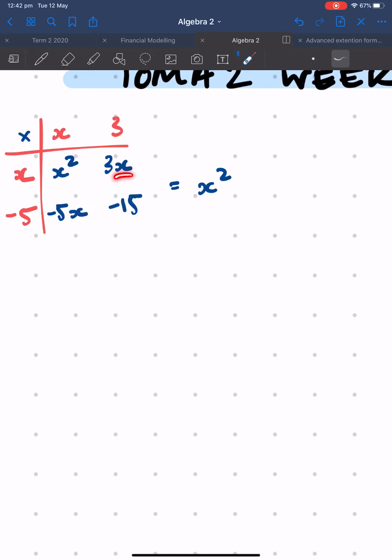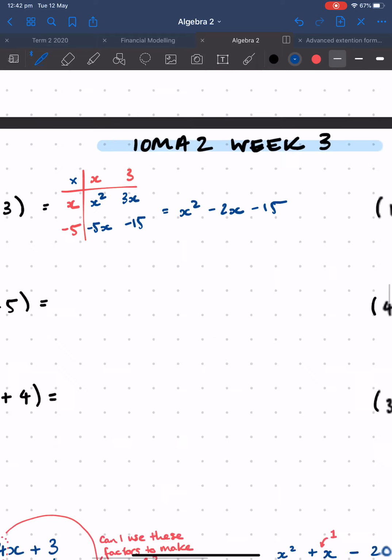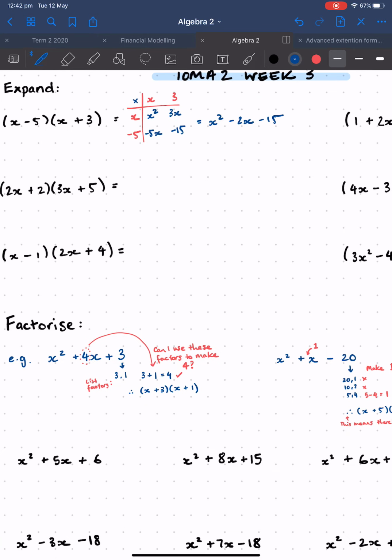So you got 3x's minus 5x's. So we can write that as minus 2x's minus 15. Same answer. You don't need to show your working either way because you could do it in your head and that's totally fine. I prefer this method, especially if you're just starting out. Okay, so if you're not too sure, use this. FOIL is just an easy way to remember it.